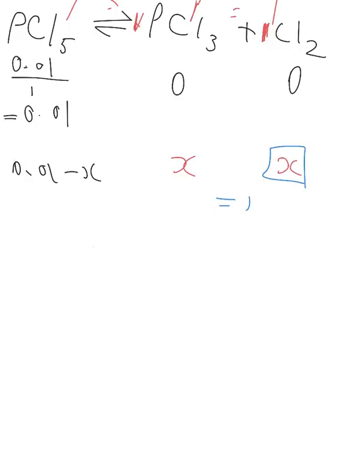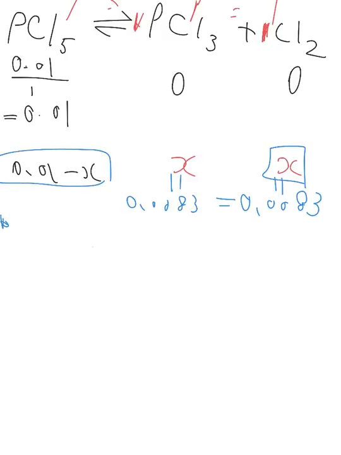That means this X value equals 0.0083 given to you. So it's simple, right? That means if the value of X is here, this value of X is exactly the same. And you can find out the equilibrium concentration of phosphorus pentachloride will be this one.